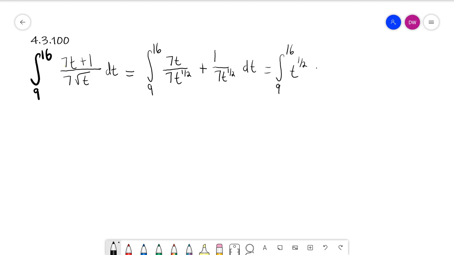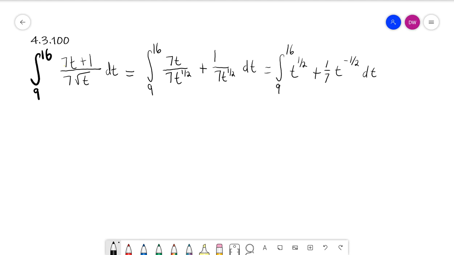And then plus the second term, we can't really simplify, but we can rewrite it to make it a little bit easier to work with. Okay, I can have this 1/7 on its own, and then t to the 1/2 power in the denominator, I can rewrite as t to the negative 1/2 power.